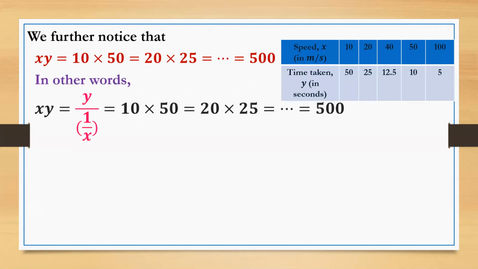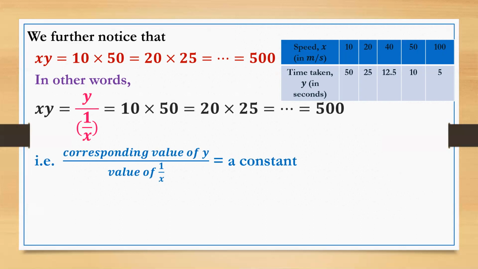In other words, xy, which can also be written as y divided by 1 over x, will be equal to 500. That is, the corresponding value of y over the value of 1 over x is equal to a constant.